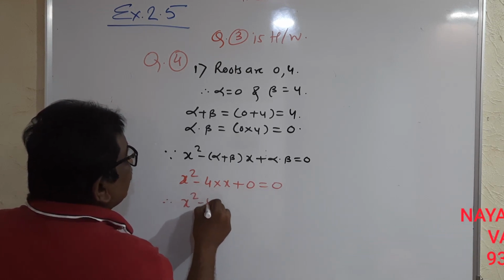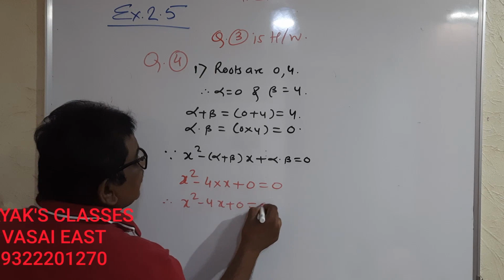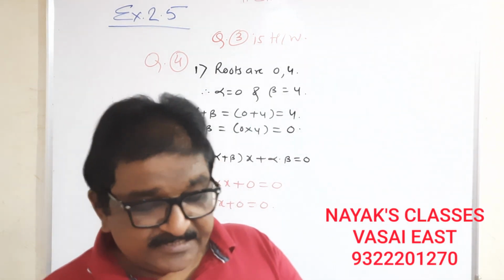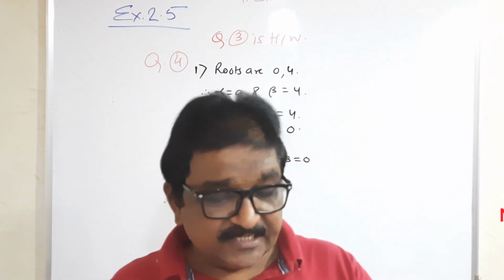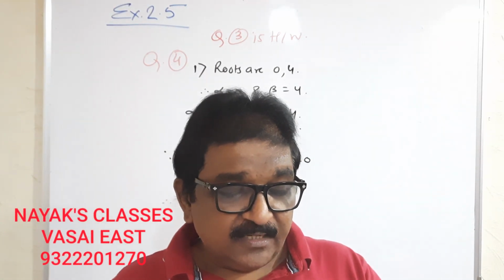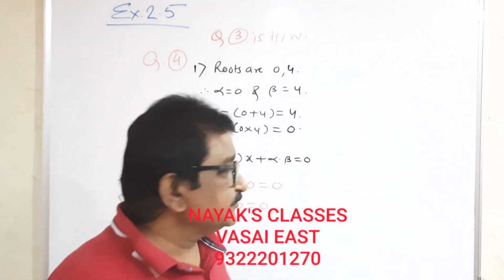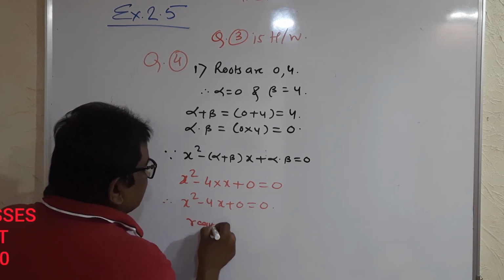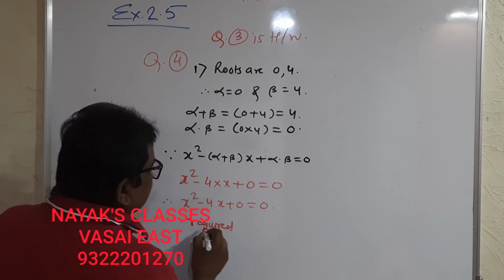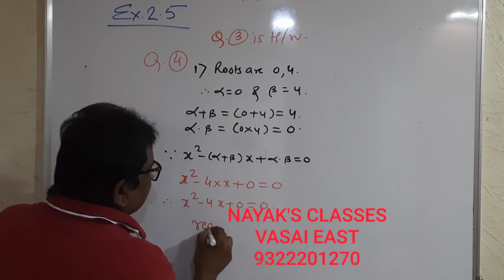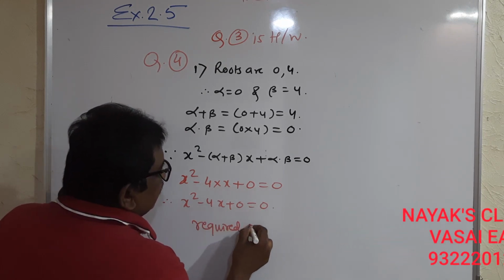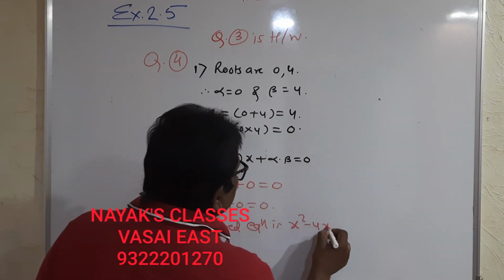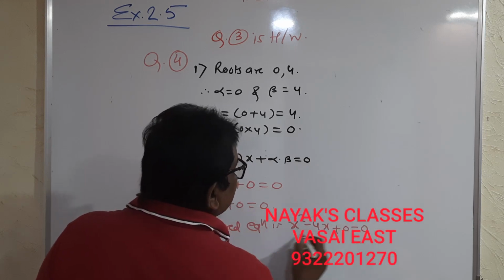Therefore, x square minus 4x plus 0 is equal to 0. One term is missing. Question number 4, first example: the required equation is x square minus 4x plus 0 is equal to 0.